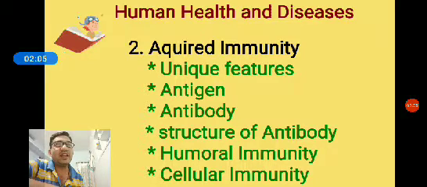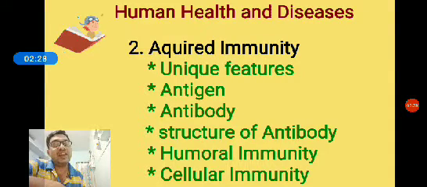Acquired immunity is a kind of resistance to a specific antigen or specific pathogen. It is able to fight or produce a response to a specific type of pathogen, so it is also called specific immunity.